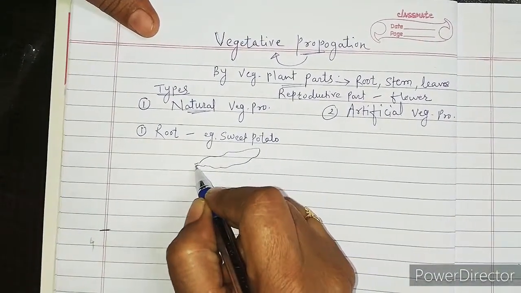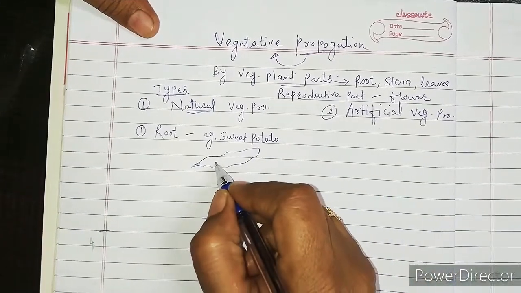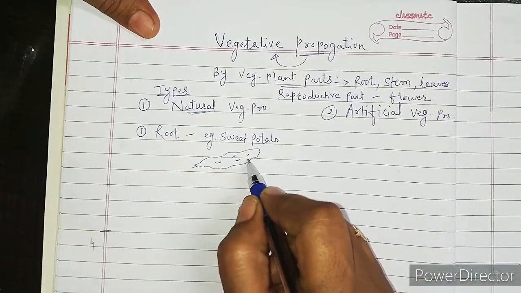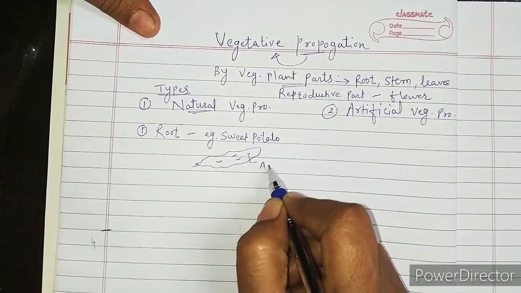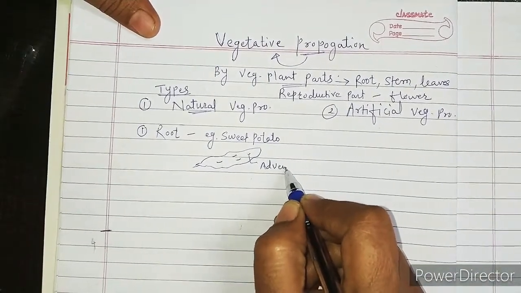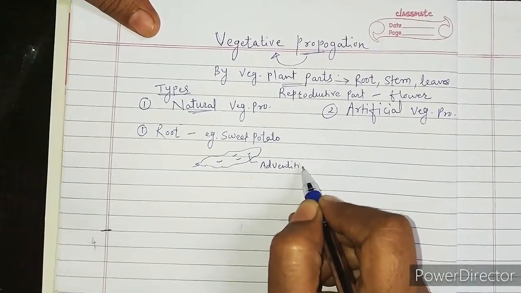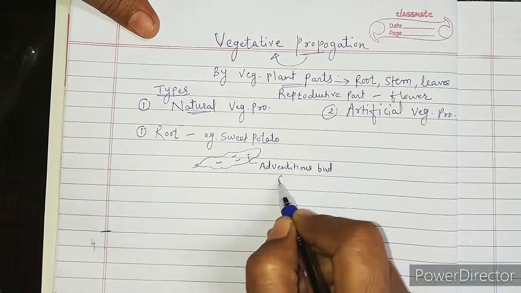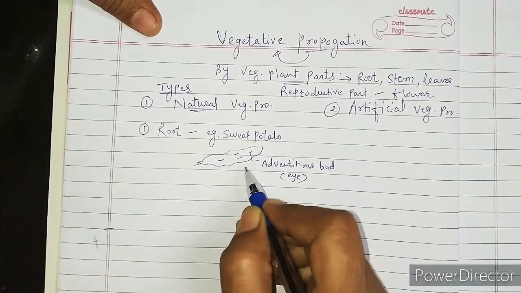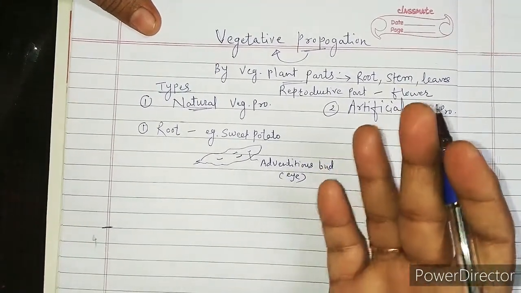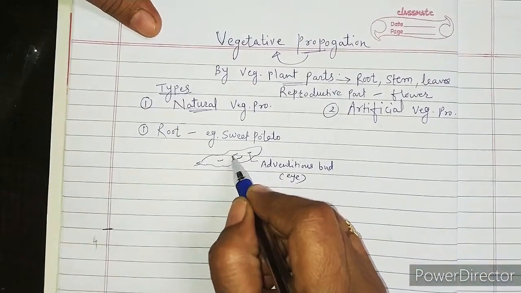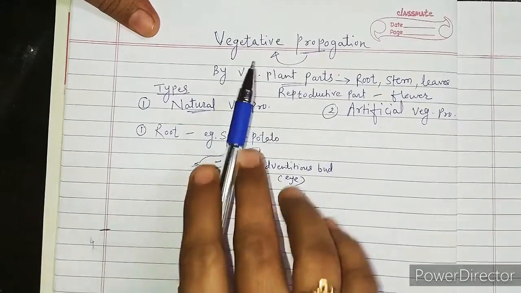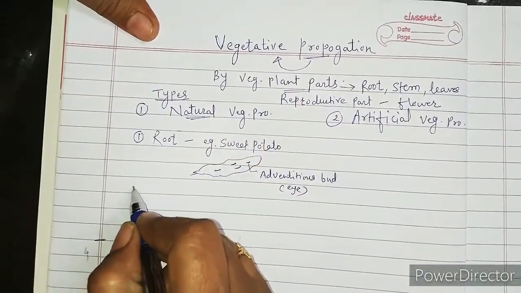Suppose this is the sweet potato, and you know that there are adventitious buds, also known as eyes. Now these buds sprout and give rise to a new plant. So this is vegetative propagation by using the root.